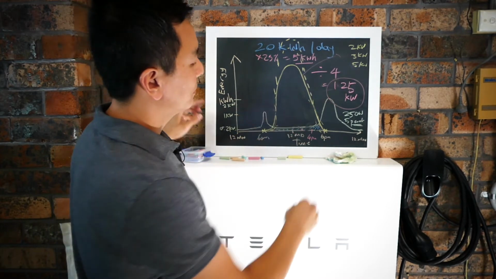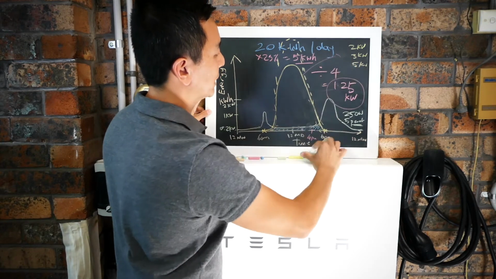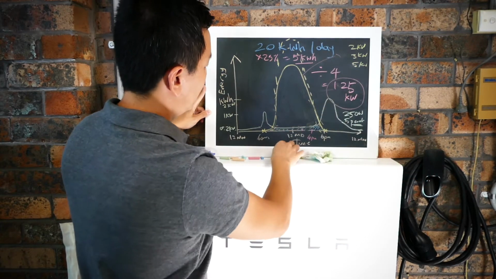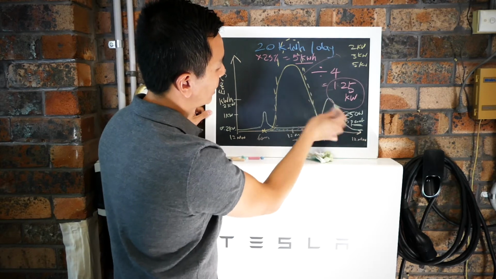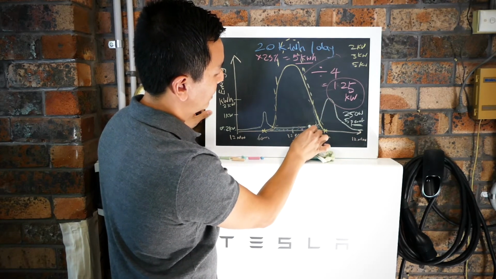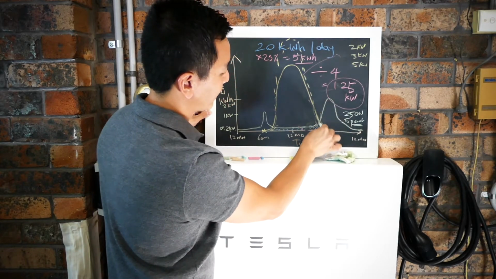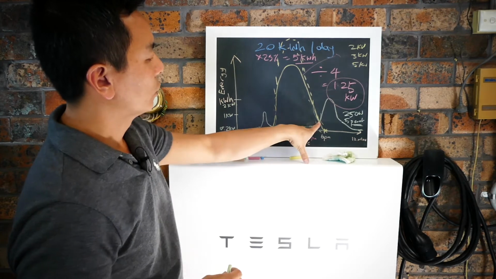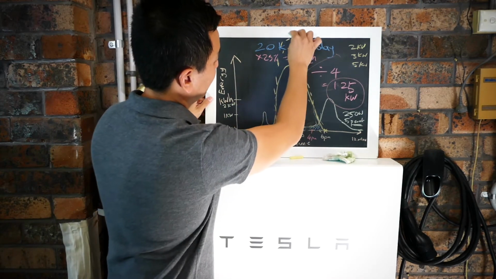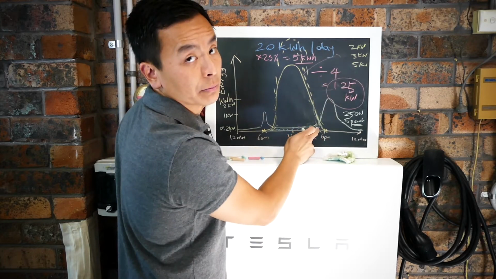Some people might say, well, sure, if I get a bigger array, I get a bigger output. So a bigger flow at the current time. Just have a look down here. On an ideal day, the sun is setting at 6 p.m. So when your electricity usage ramps up, the sun is on its way down. Whatever system you're going to get, you're not going to get the maximum output at this time when everybody's home.